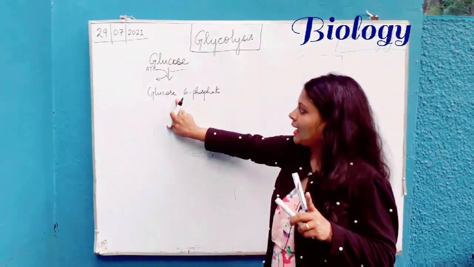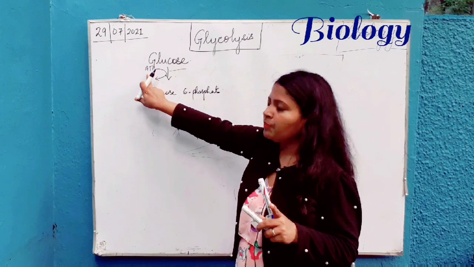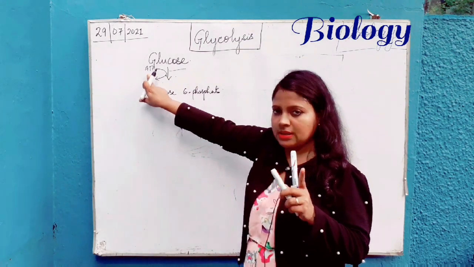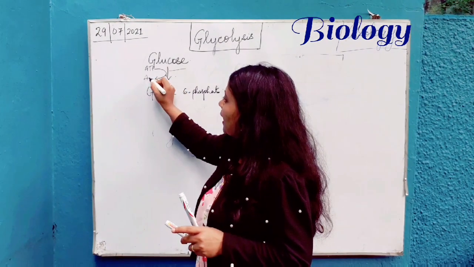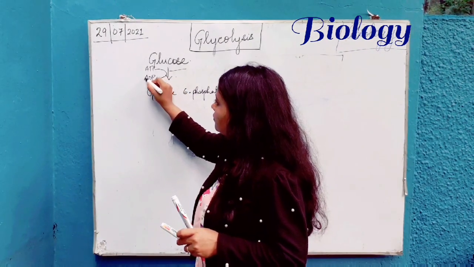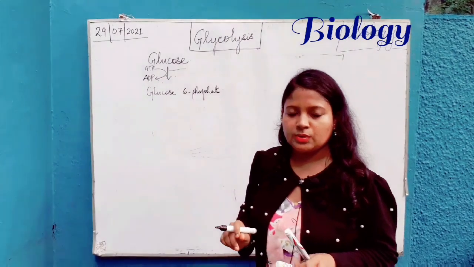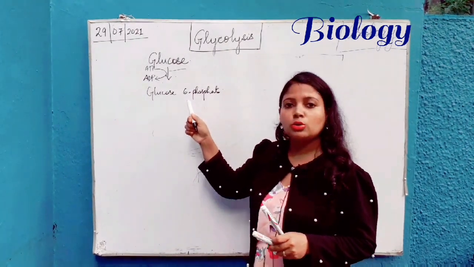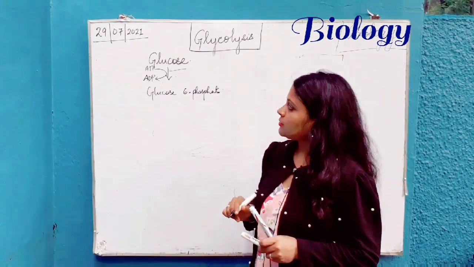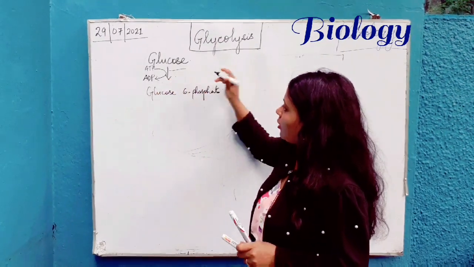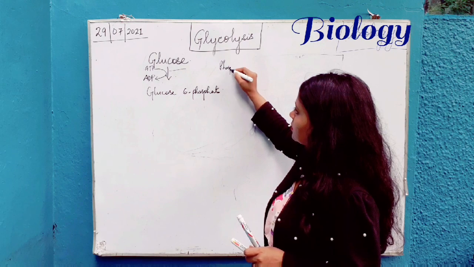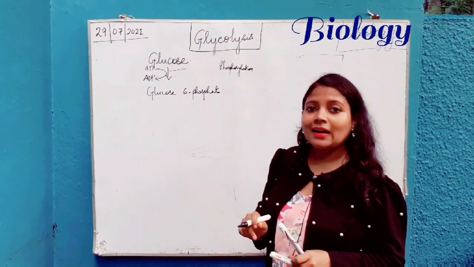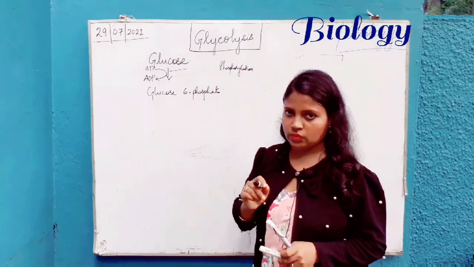Adenosine triphosphate means 3 phosphates are present. Adenosine diphosphate means 2 phosphates are produced, because 1 phosphate has been removed for attaching to the glucose. This is called the phosphorylation process, because I have added 1 phosphate to the glucose.